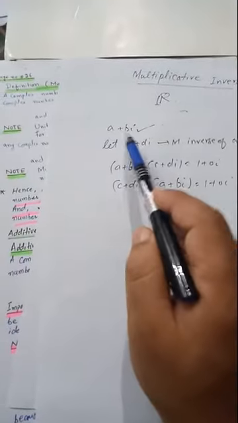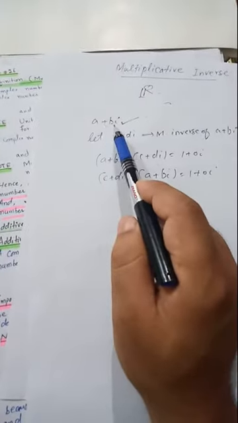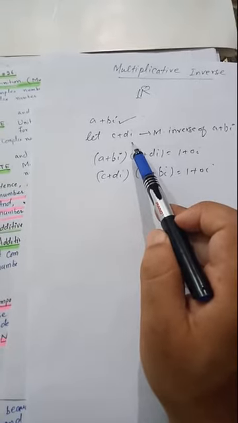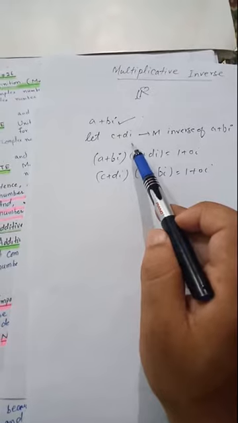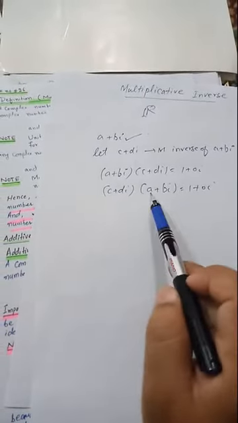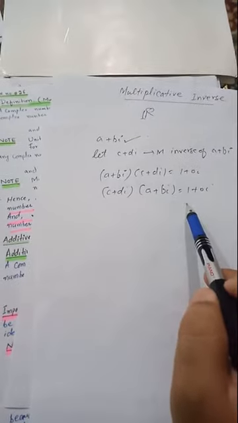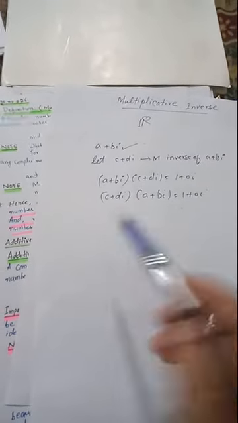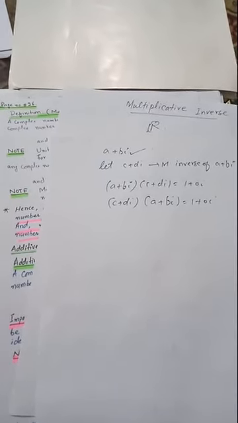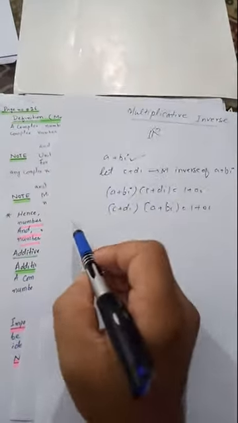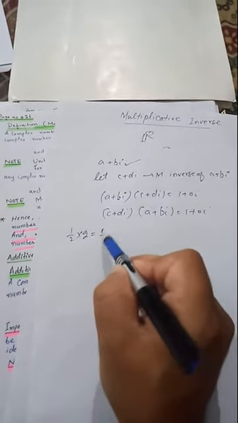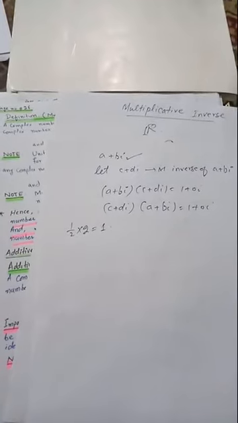So if my original number is a complex number a plus b iota, and c plus d iota is its multiplicative inverse, then from the product you will always get the multiplicative identity. As I discussed for real numbers, 1 by 2 and 2 are multiplicative inverses, so you get 1, the multiplicative identity.